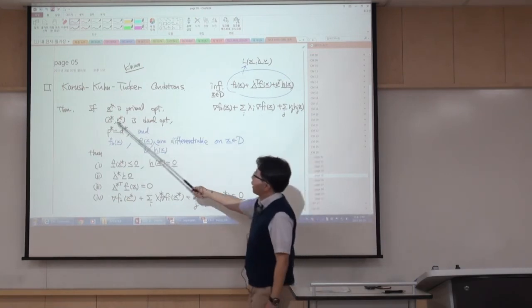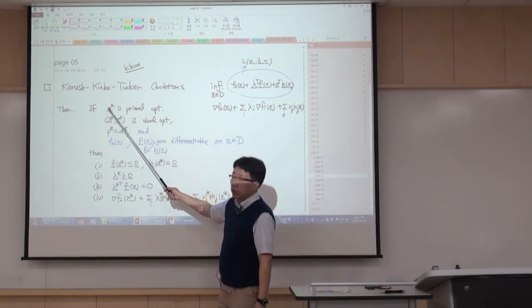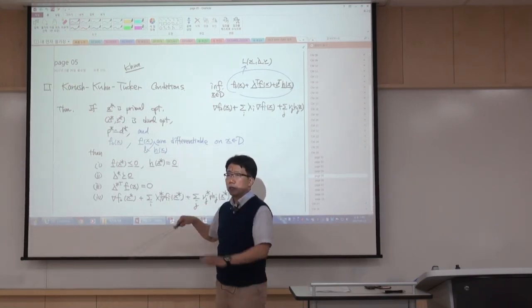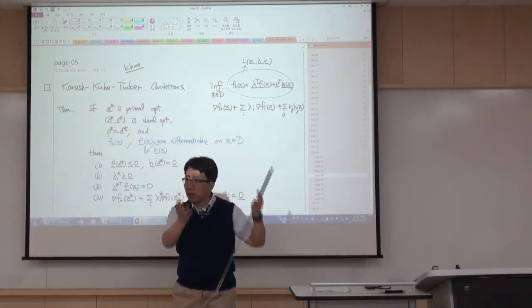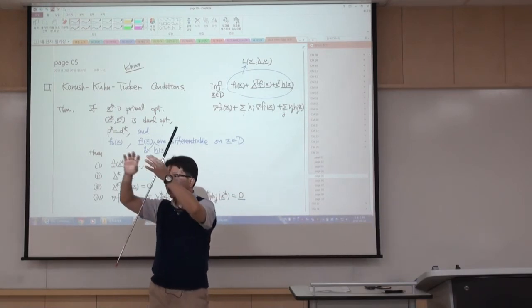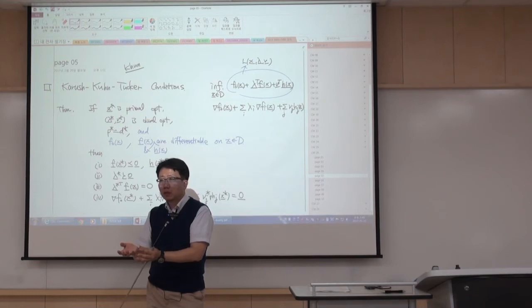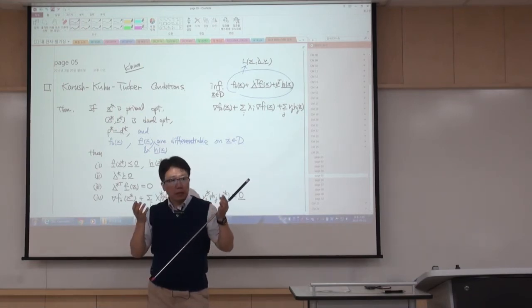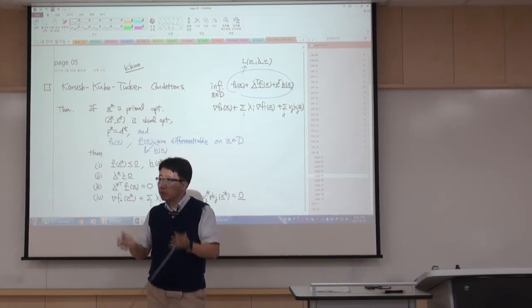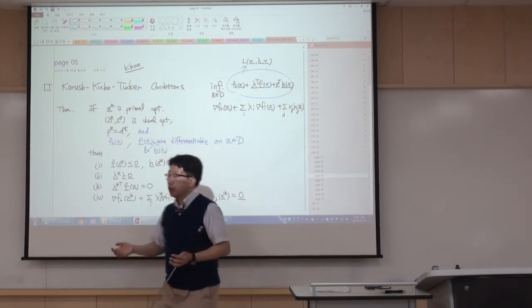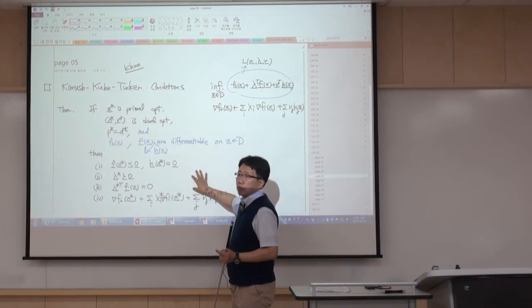Suppose you want to find the triplet x star, lambda star, nu star, when you are given a primal problem and you successfully formulated a dual problem. You want to find the x star, lambda star, nu star triplet, but suppose you don't know how. This gives you an idea.